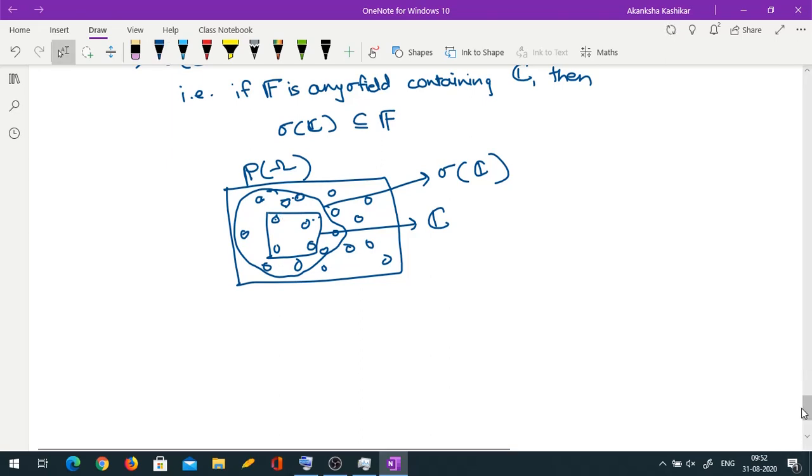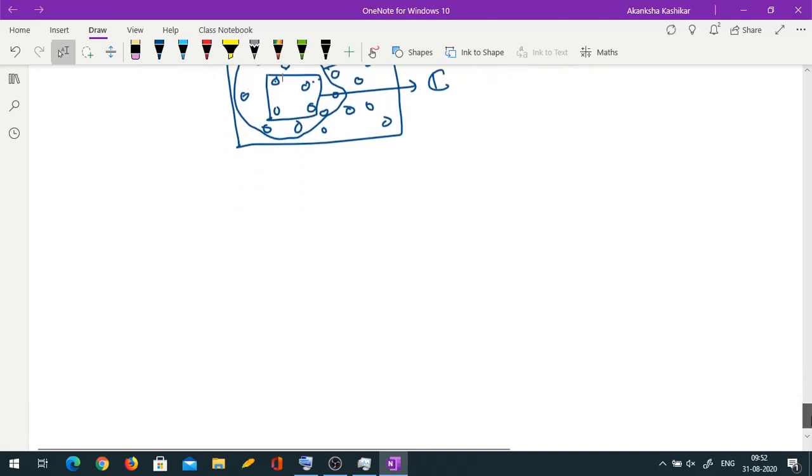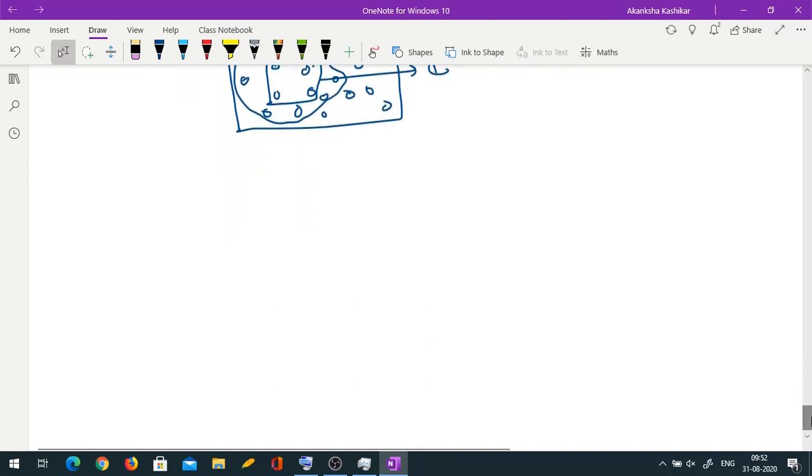Minimal sigma field has a lot of importance in the field of probability theory, but what is the guarantee that such a field exists? So now our next result says minimal sigma field exists and is unique.